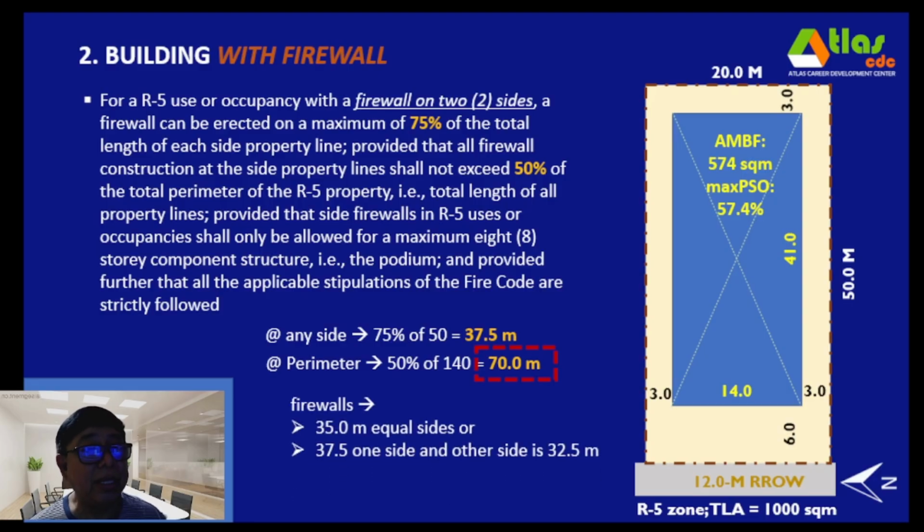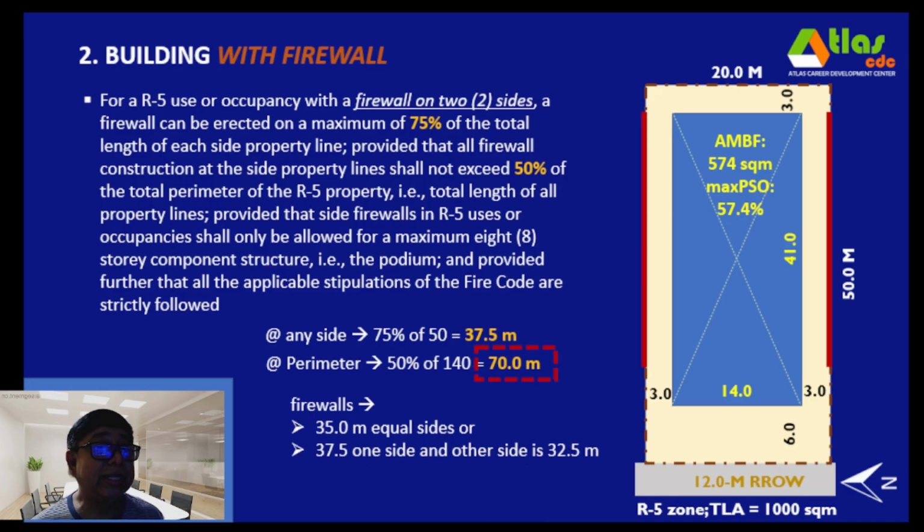So meaning, ang firewalls natin, pwedeng gawin natin na 35 meters at equal sides. Anyway, yung 35 meters will not be exceeding the 37.5 maximum. Or at one side, you can have 37.5 meters, the maximum length, and the other side will be only 32.5 meters. So if you add this one and this one together, it will be a total of 70 meters maximum length.